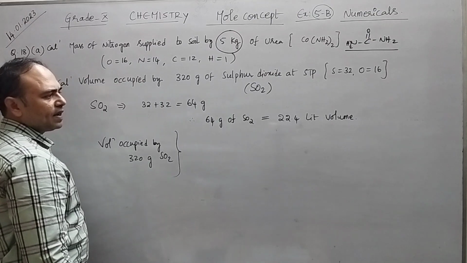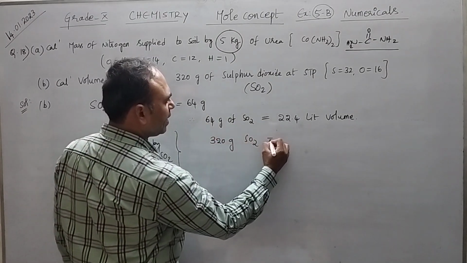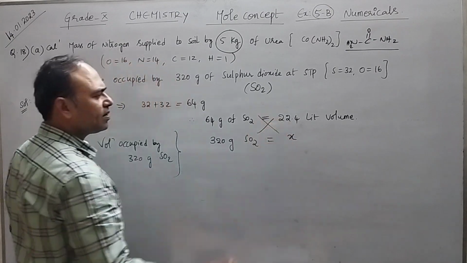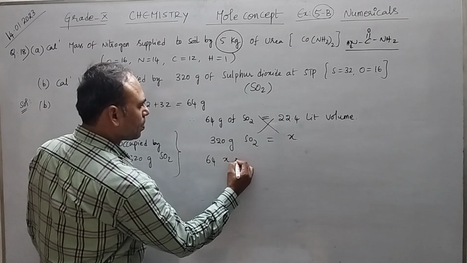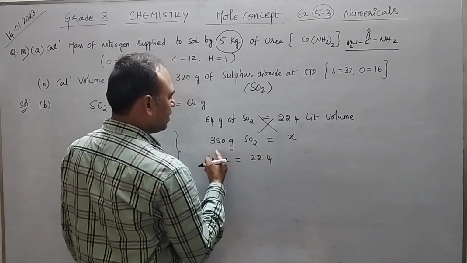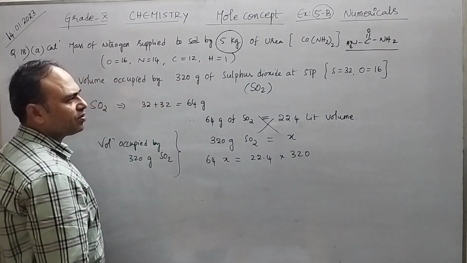So let us take the volume as X. Now 64 into X is equal to 22.4 liters into 320. Hope you have understood this.